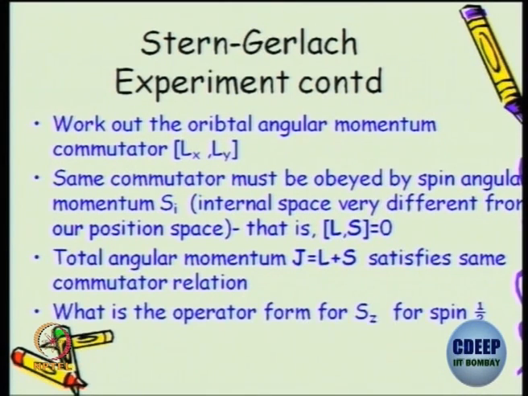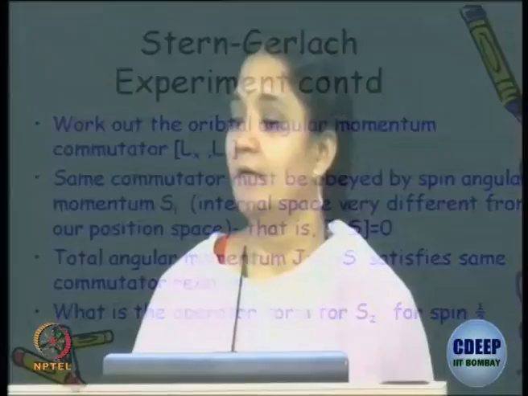From the Stern-Gerlach experiment, taking the states to be eigenstates of Sz, we can try to write what the Sz operator is. The Stern-Gerlach experiment gave you two beams.